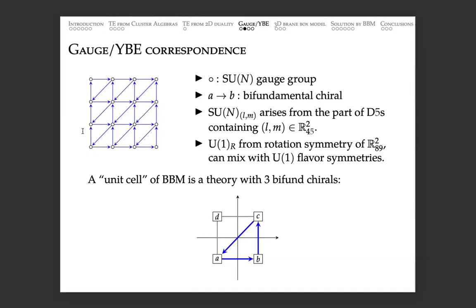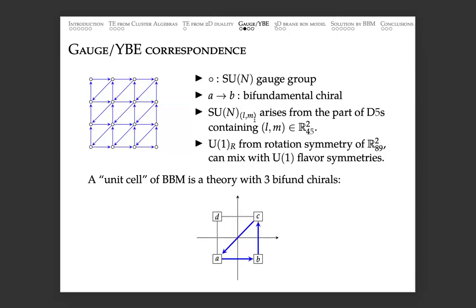because they make this lattice structure. And this SU(N)_{L,M} gauge group arises from the part of D5 branes containing this integral point (L, M) in the R^{2,4,5}. So you have a square piece of D5 branes which can move up and down, fluctuate, and that creates this SU(N)_{L,M} gauge group.